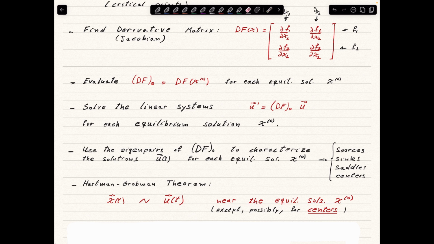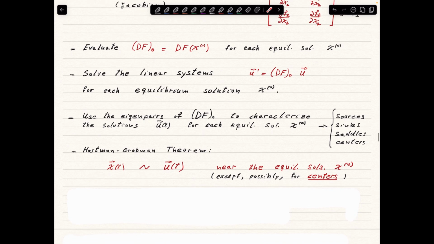The theorem we are going to use is called the Hartman-Grobman theorem, that says that the behavior of these two solutions, nonlinear and linear, is the same near equilibrium solutions for all cases: sources, spirals or nodes, sinks, spirals or nodes, and saddles. So for all these cases, the behavior of these two solutions is the same, and the only case that could be different is for centers. So, except possibly for centers, the behavior of these two solutions is the same.